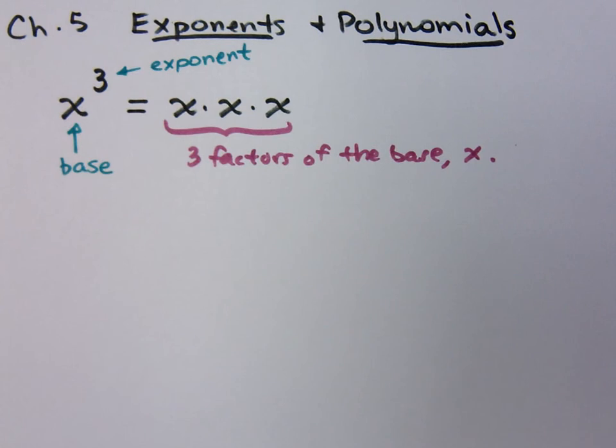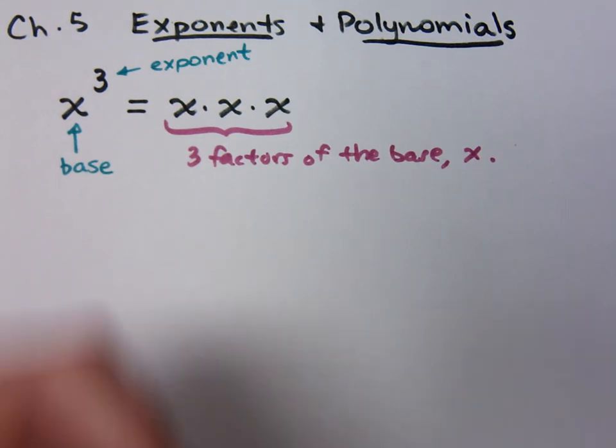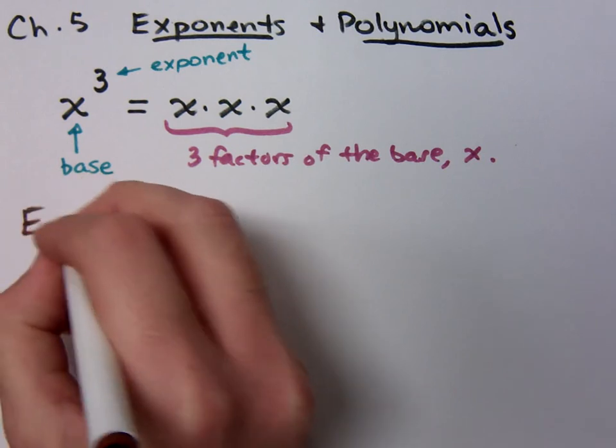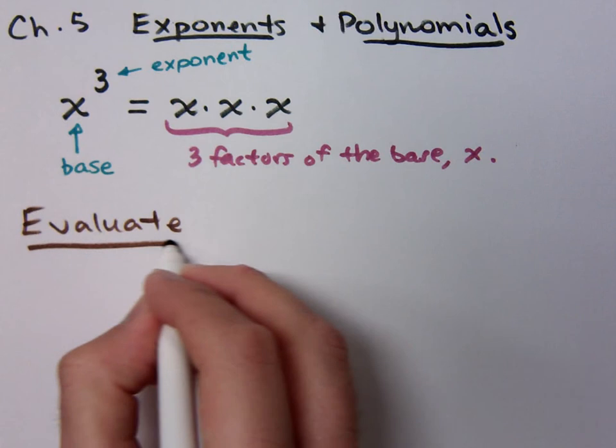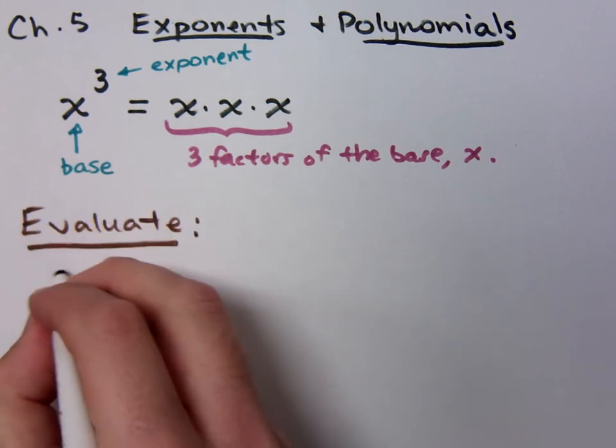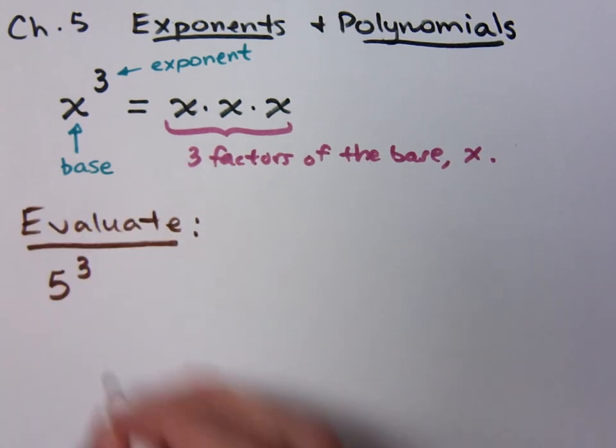Now, one of the things that we do with these is that we just evaluate. We can take expressions that contain exponents and we can evaluate them, especially if we understand how they expand. So if I want to evaluate 5 to the third, now notice I'm not solving this, I'm just going to evaluate.